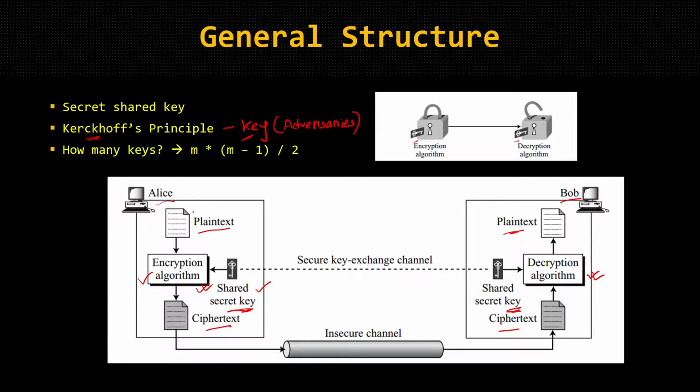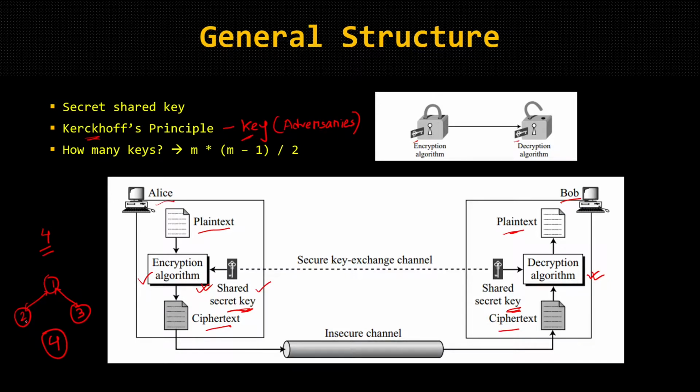All right, so say for example, we have a group of 4 people, 1, 2, 3, and 4, and they want to communicate with each other using this method. So how many keys are required for this purpose? When 1 wants to communicate with 2, and again when 1 wants to communicate with 3, they need to use a key which is unique to them, which is unique for this communication.